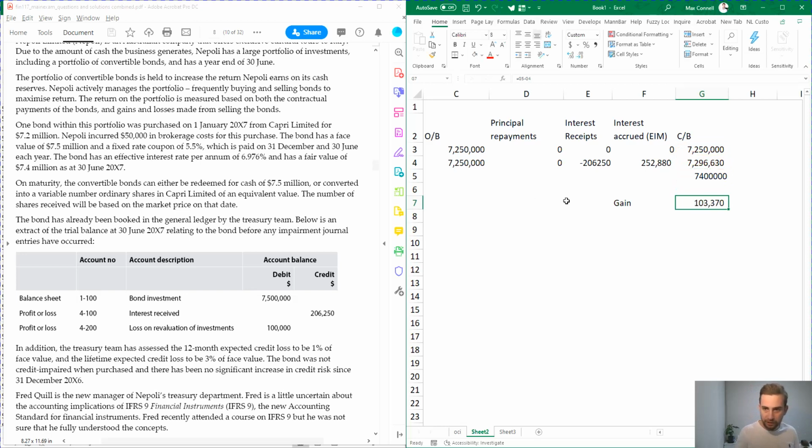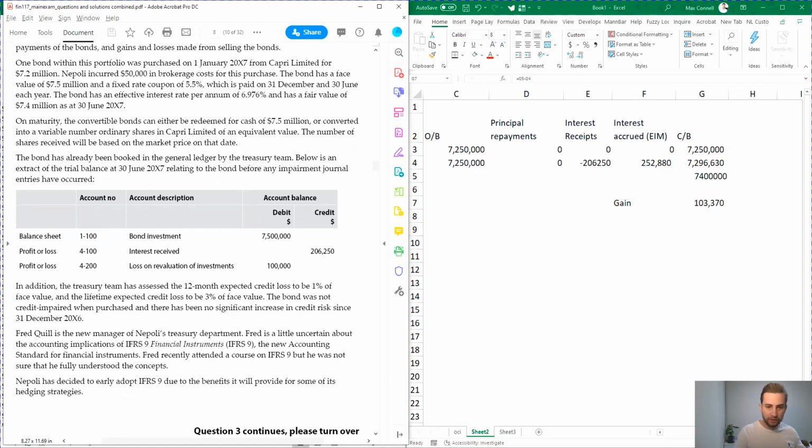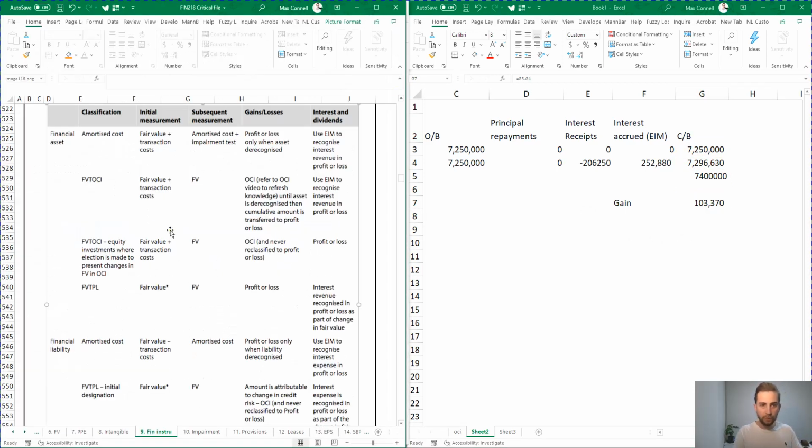So if I plug that in, we've now got a gain of $103,370. So if we go back to our FIN critical file, we know that the gain should be posted to other comprehensive income until the asset is derecognized, and then the cumulative amount is transferred to profit and loss.